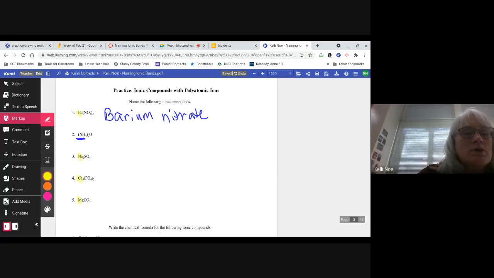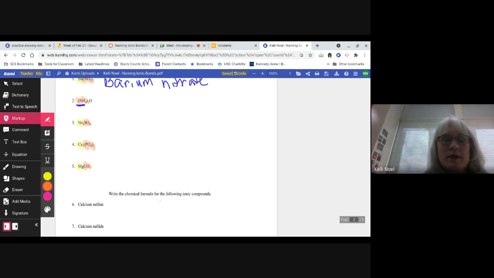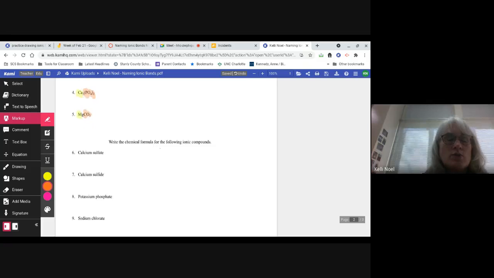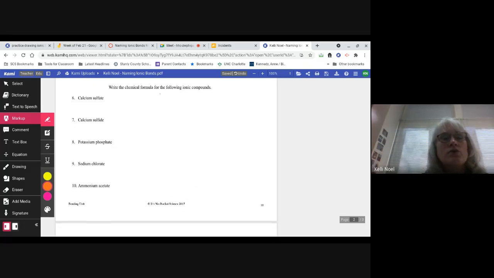And then you may want to highlight your polyatomics in a color. Polyatomic, polyatomic, polyatomic, polyatomic, polyatomic. And the oxygen is a non-metal there. So that may help you. If that does, then the ones in orange would be what you would look at on your chart.